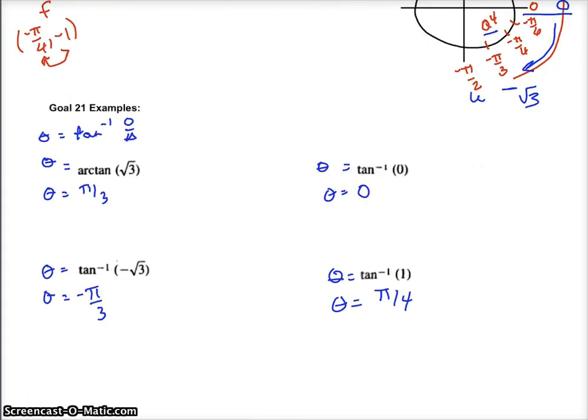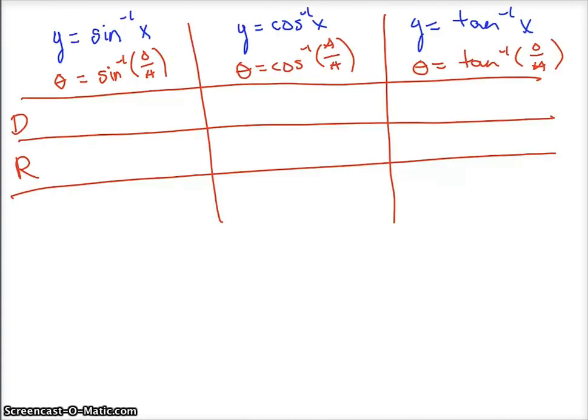So it's important that you finish up these 3 series of videos by making sure that you know the domain and range of the 3 inverse functions. So I want to review that quickly. Recall that in order to come up with the range for inverse sine, we take the restricted domain of the given function.